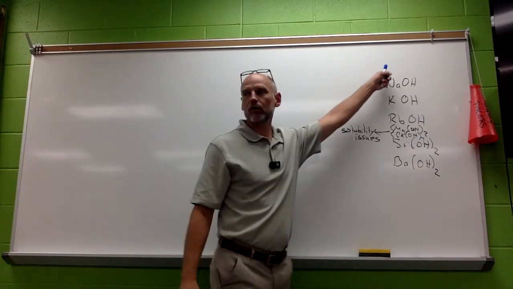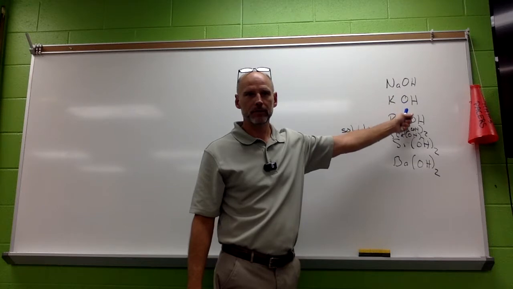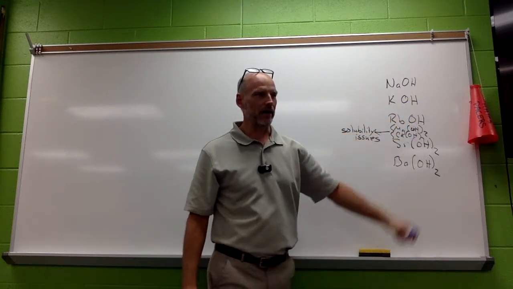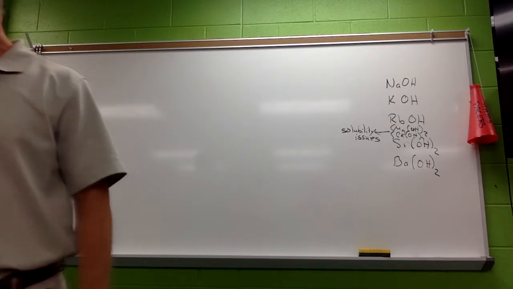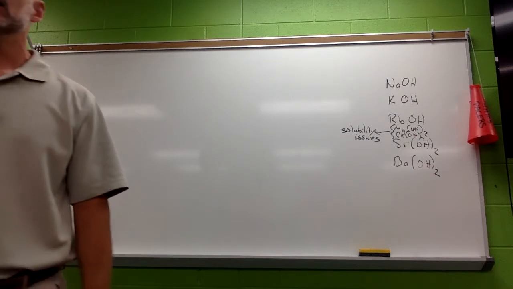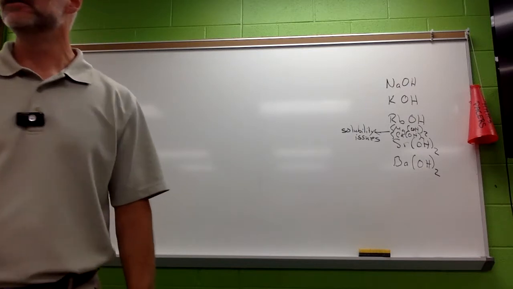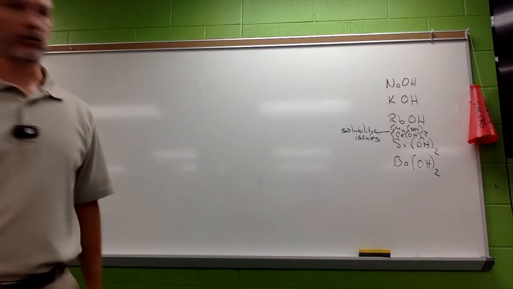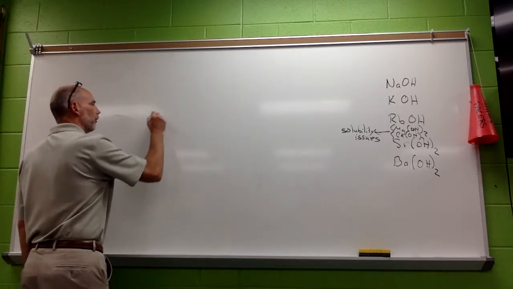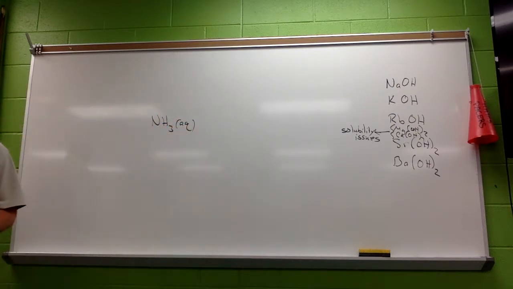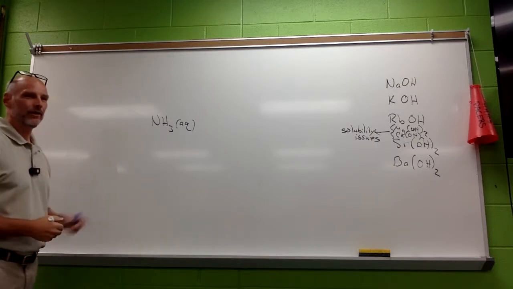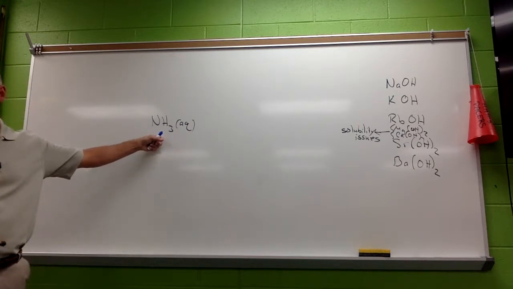Well, currently, what are you guys noticing that bases have in them? Hydroxide ion. Acids have hydrogen ion that dissociates as a single species, okay, bases have hydroxide ions. Does anyone remember what this is? Ammonia. This is ammonia. This is a weak base.